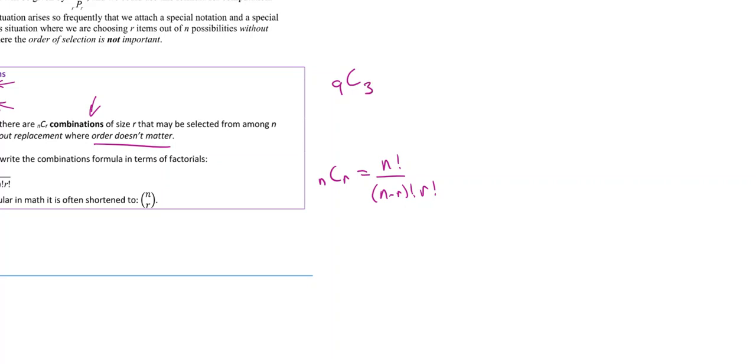I said group because of the 9 people, we're choosing 3 to go in some group, and a group means that there's not a first place, second place, third place or anything. They're just in a group. I don't care what order they're in that group.